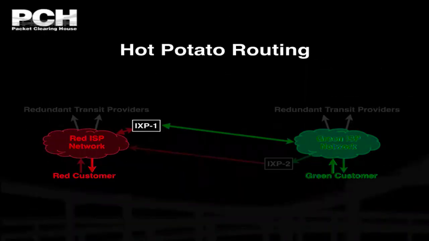Remember the hot potato routing example? Imagine if IXP2 had to completely disappear, and there was only one IXP where both of these internet operators connected. Because only IXP1 was in operation, the red network, which is very close to IXP1, is always going to get the benefit of this transaction.